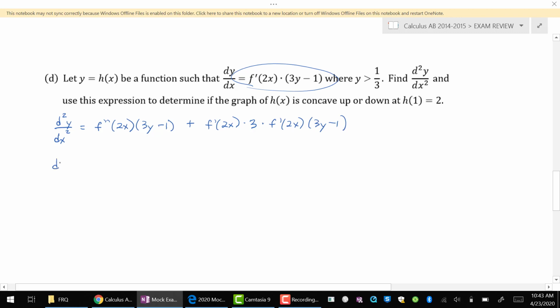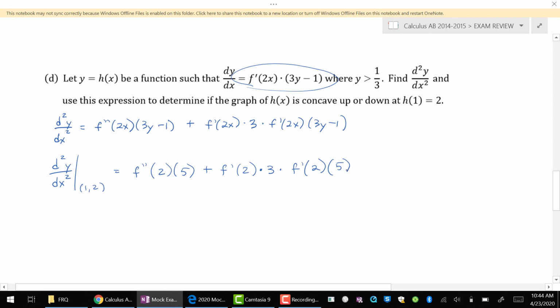So let's evaluate d squared y dx squared, the second derivative, at the ordered pair 1, 2. So f double prime of 2 times 5 plus f prime of 2 times 3, times f prime of 2 times 5 once again. Now, I don't really know what the value is.